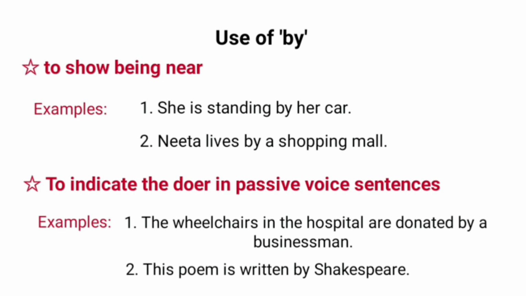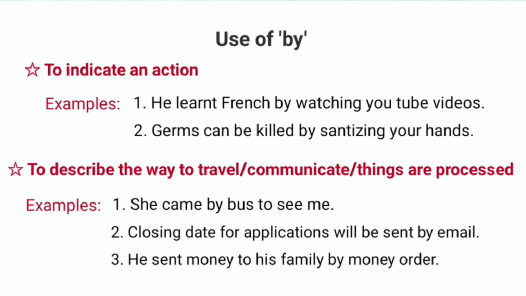Here, Shakespeare is doer. By is also used to indicate an action, like he learned French by watching YouTube videos. Germs can be killed by sanitizing your hands. In these examples by watching and by sanitizing indicate actions.